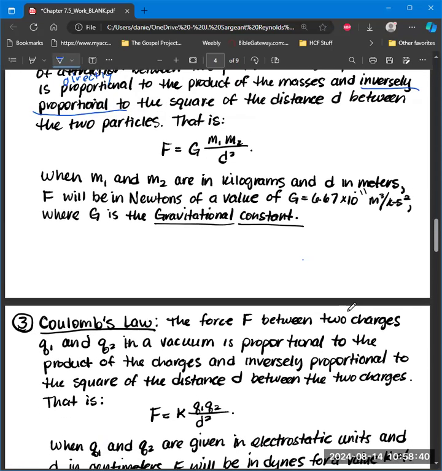These are very related concepts. We normally think of this for big objects, like stellar bodies, things in space.